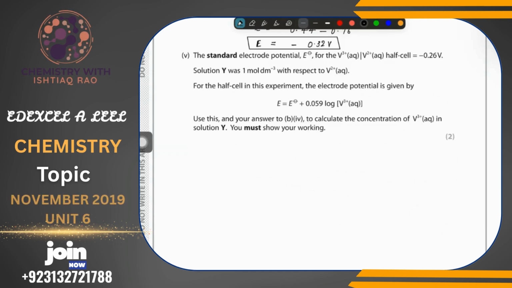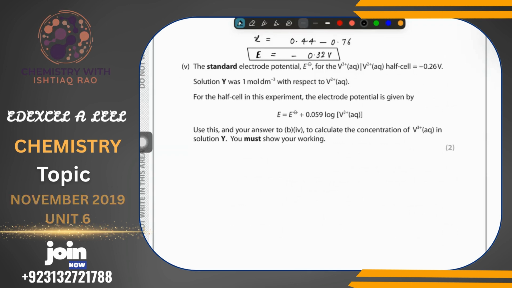First, E is the value we already found before, that is negative 0.32. So negative 0.32 is equal to negative 0.26 plus 0.059 into log x, where x is what we have to find out. I just shifted the minus to the other side.